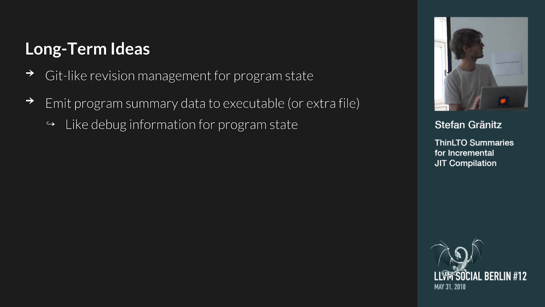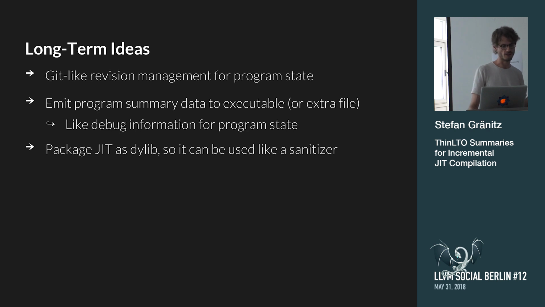What would also be great is to emit summary data to the executable. So all the data that gets collected could also be shipped as debug information or stored in an extra file. We could even think about packaging the JIT as a dynamic library and using it like a sanitizer, linking it into existing projects and handling state restoring and saving with this dynamic library.